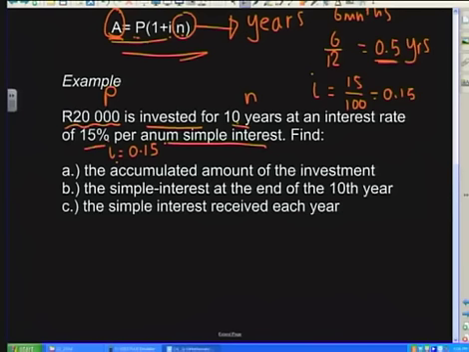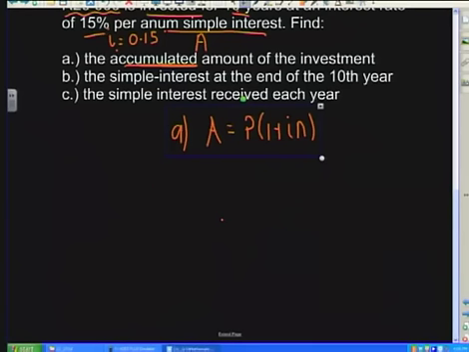The first part, they say find the accumulated amount, or A, that's what they're looking for, the accumulated amount of the investment. So this is part A. We're going to use the formula. Obviously, this is a simple interest question. They tell you that interest is worked out via simple interest. So we've got our formula.